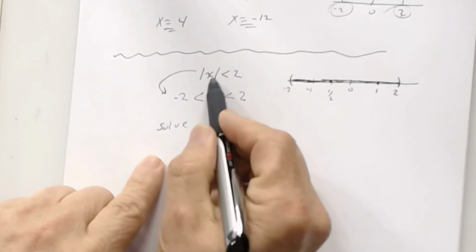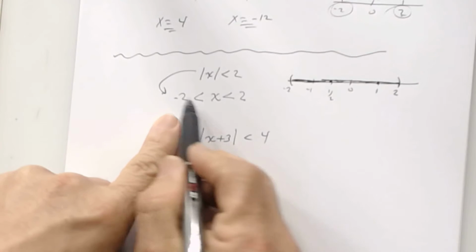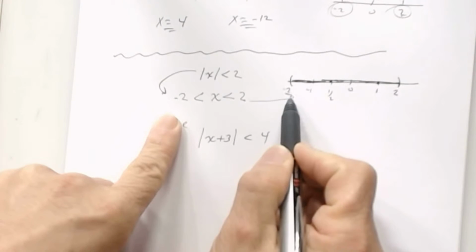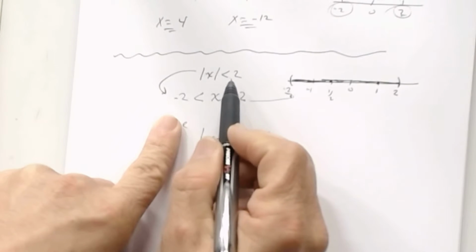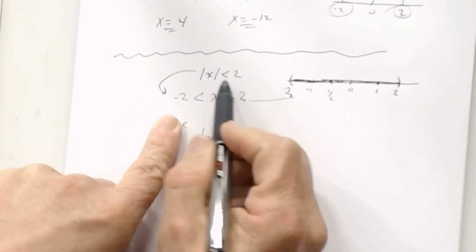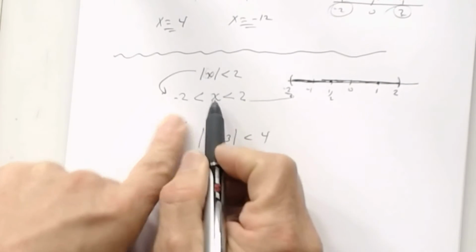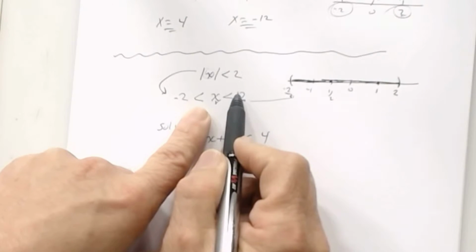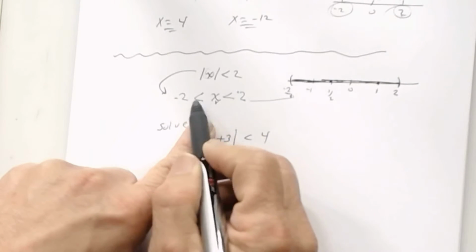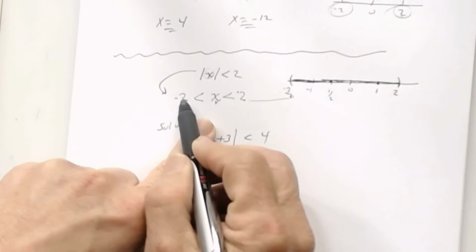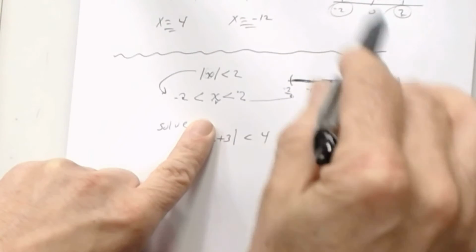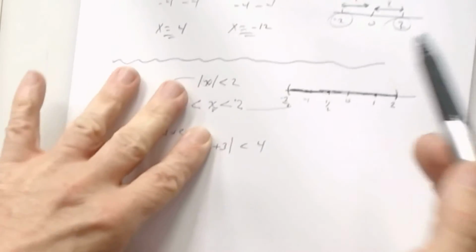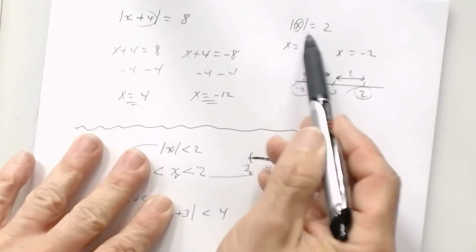So you see this right here? Well, first of all, you agree that this right here is this graph. So when you have an absolute value less than, you're going to take the expression that's in the middle and put it in the middle. And you're going to say less than 2, and then greater than -2. Always go back to when we talked about the absolute value equations.